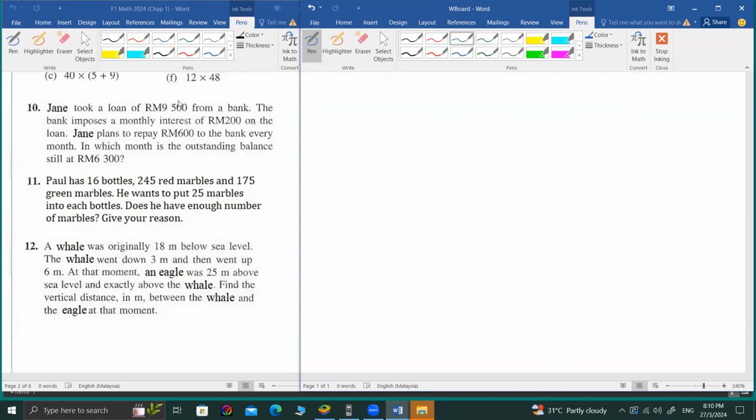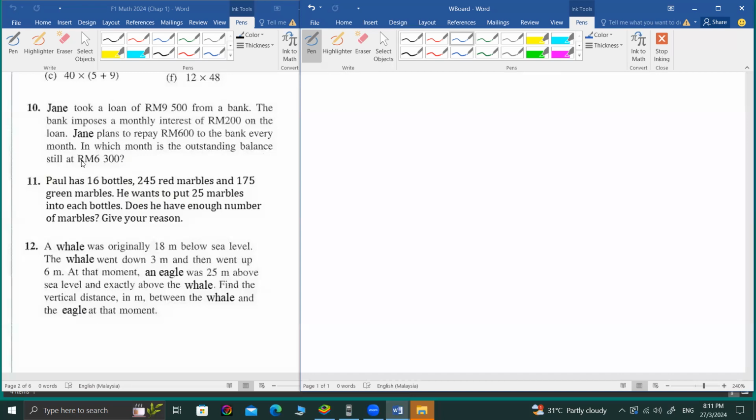Let's say you borrow this from a bank. Then the bank imposes how much? 200 ringgit every month, on the loan. Jane plans to repay 600 ringgit to the bank every month. In which month is the outstanding balance still at 6,300?